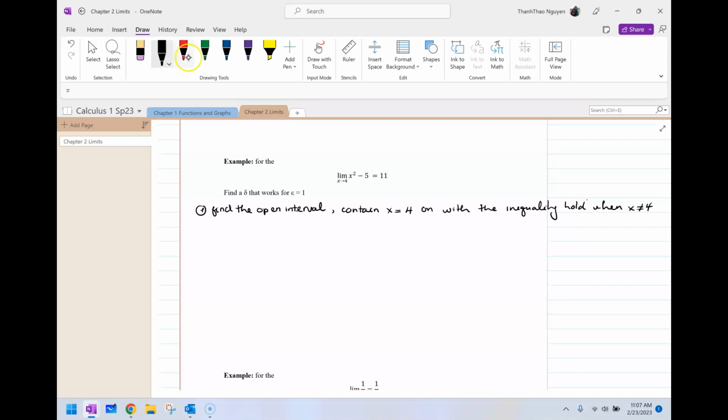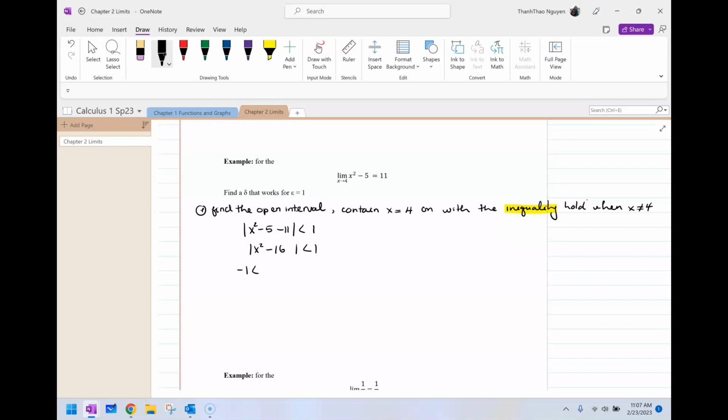And what inequality are we talking about? The inequality here is the distance function. So the absolute value of x squared minus 5 minus 11, and we want this distance to be less than epsilon, that is 1. So the absolute value of x squared minus 16 is less than 1.